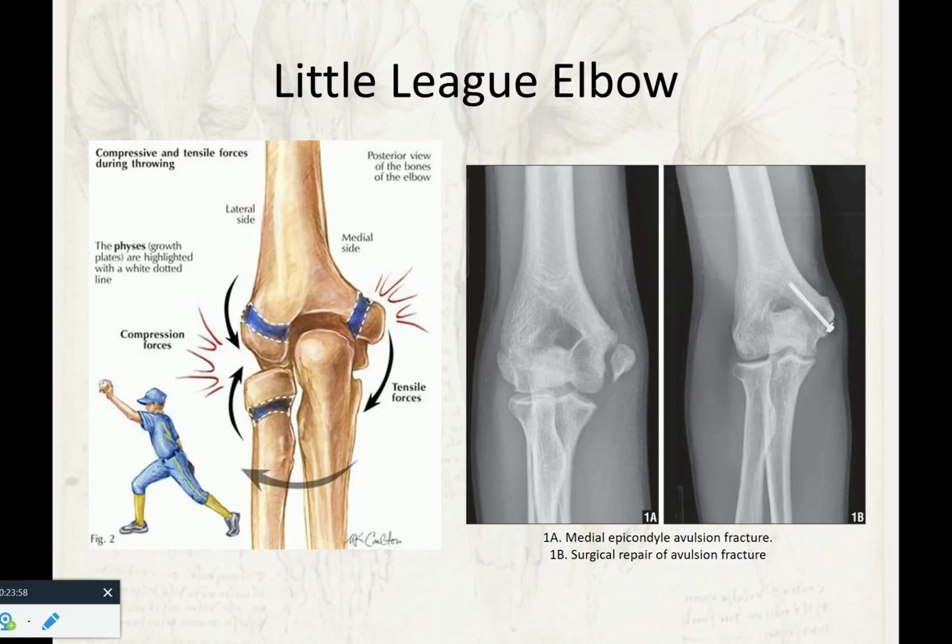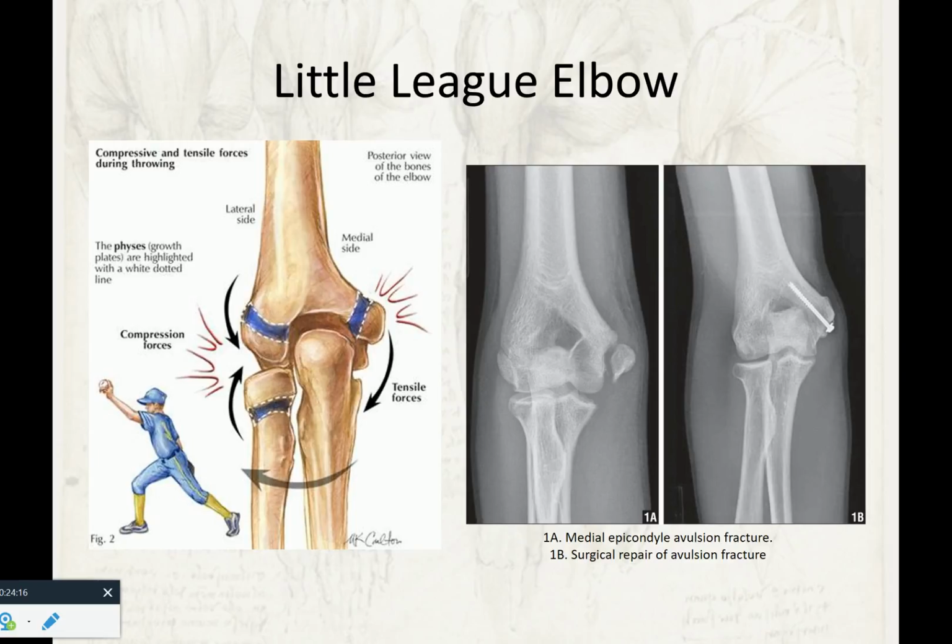If you look at the picture on the left, you'll notice the different compressive and tensile forces during throwing. The blue areas represent where the growth plates are: your medial and lateral epicondyle, and also just distal to the radial head, which we would call the radial neck.